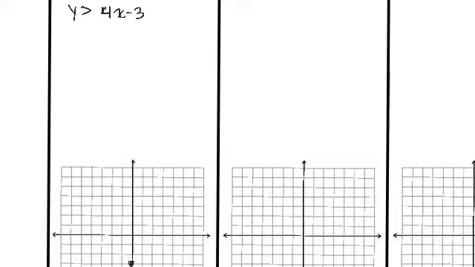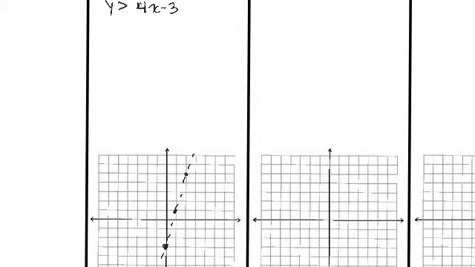I'm still going to go up 4 over 1, up 4 over 1, and then 4 over 1 the other way. And instead of drawing a straight line, because this is greater than, but not equal to, silly, I'm going to actually do a dashed line through there. Okay?